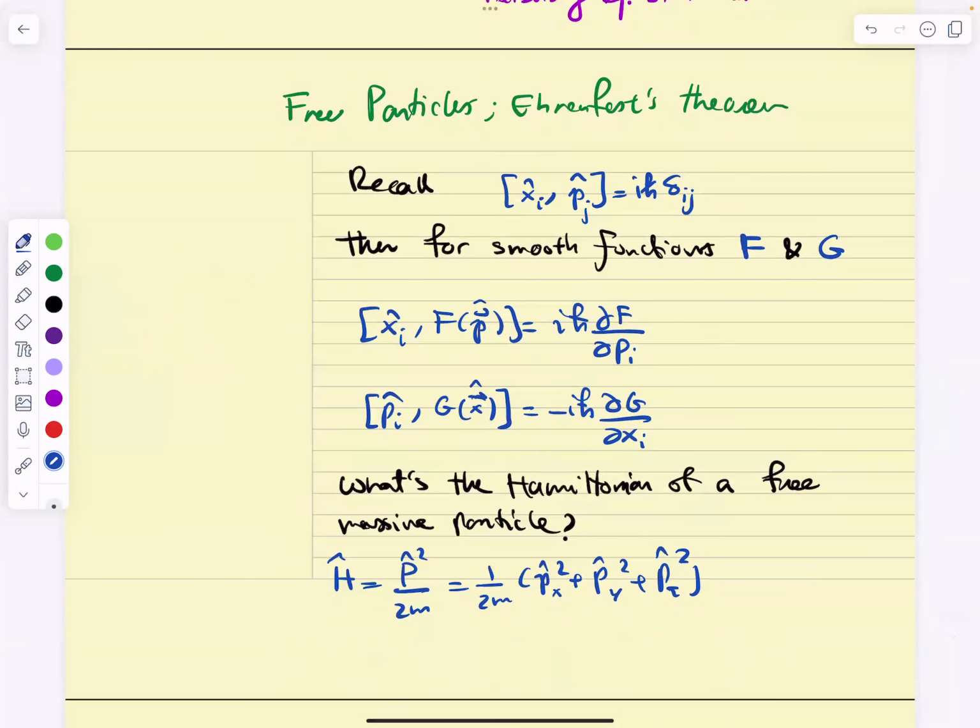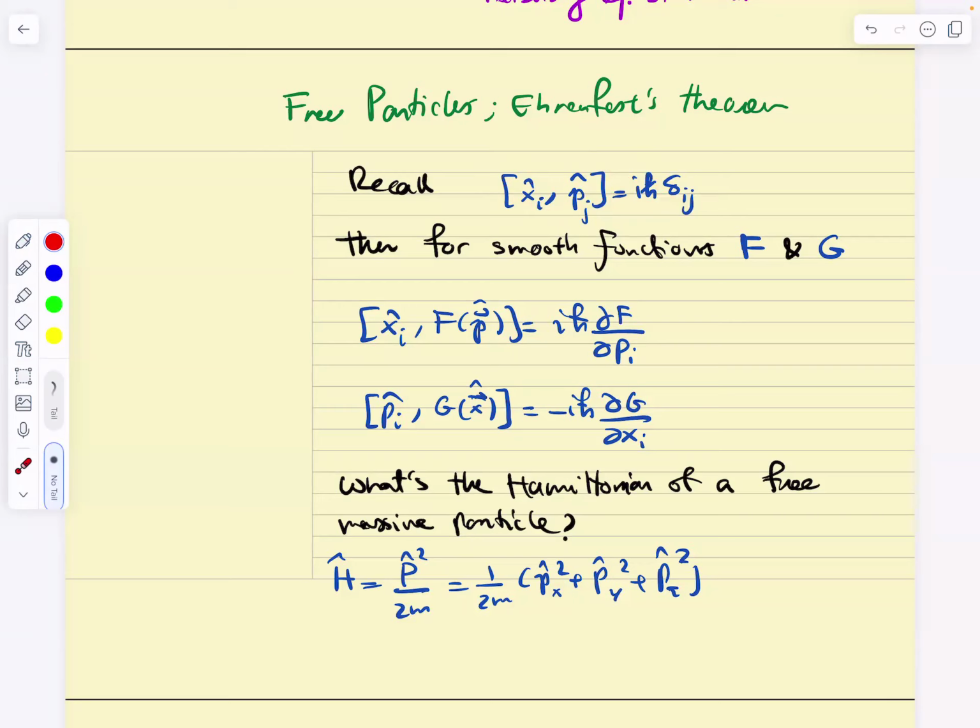Next, let's work out an example, the simplest example we can, the example of a free particle. And we're going to get to the Ehrenfest theorem. So recall that the commutator of x_i and p_j is i h bar delta_ij.